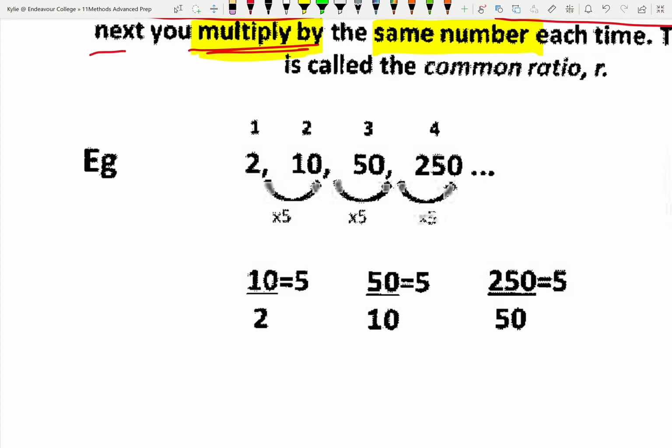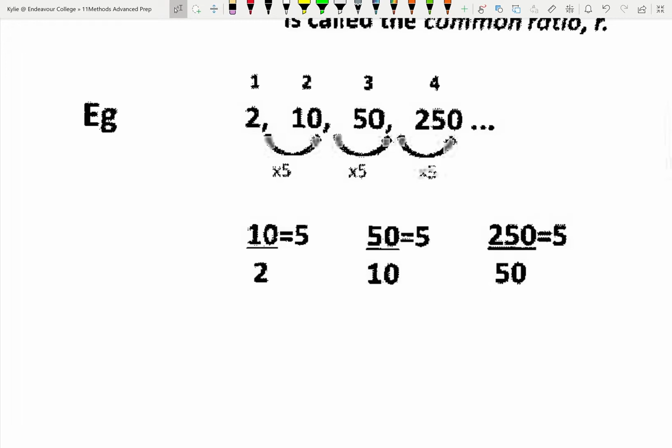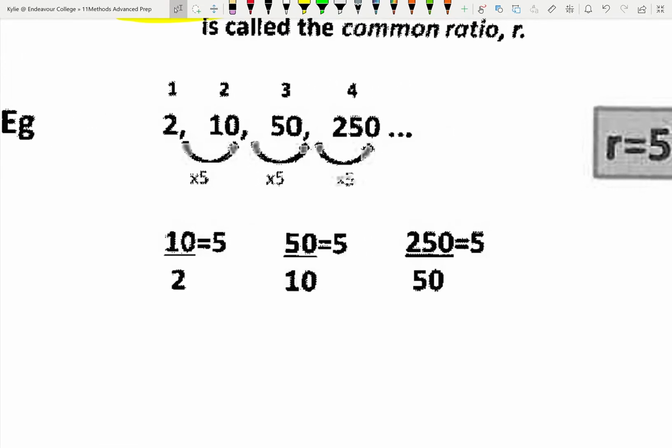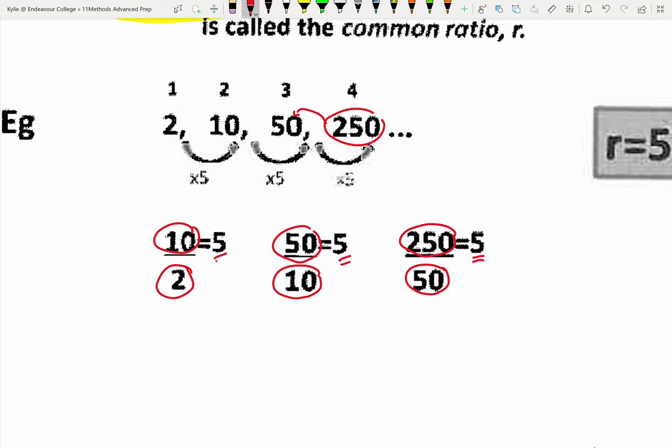We work out the common ratio in a similar fashion as we would work out the common difference, and we start with the last number. So 250 divided by the previous one, 50, gives us 5. 50 divided by the previous term, 10, gives us 5. 10 divided by the previous term, 2, gives us 5.